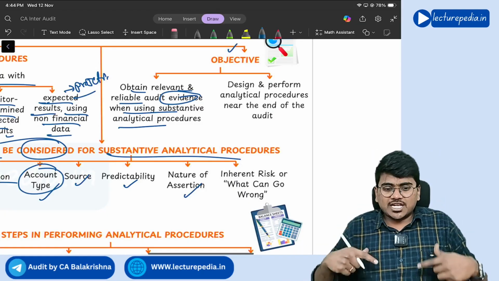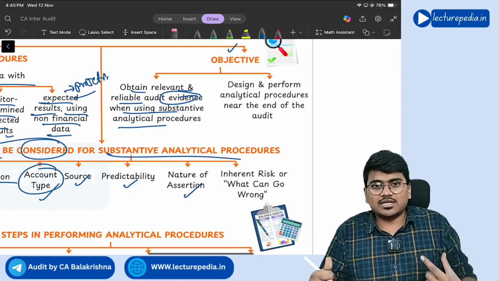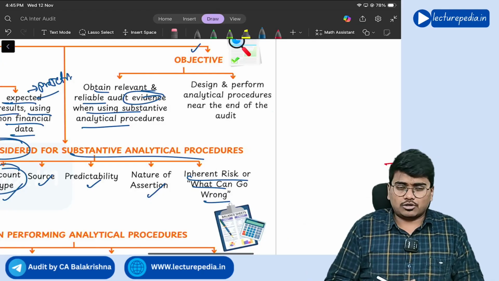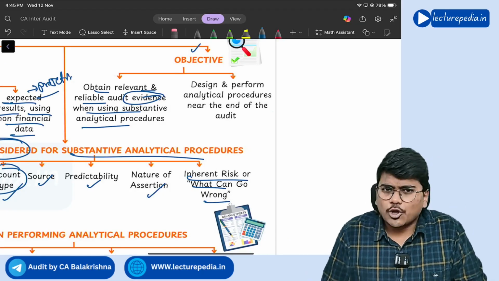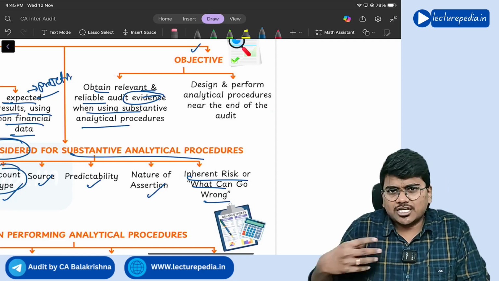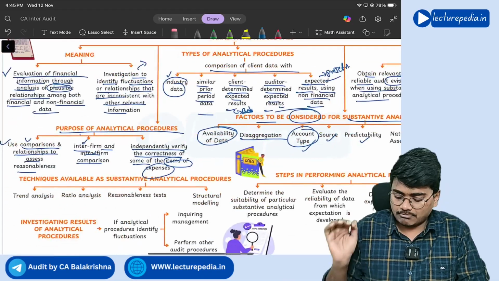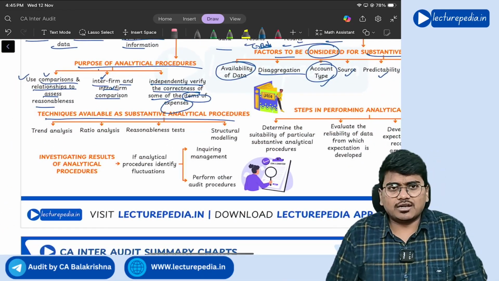So which type of assertion you want to address, you need to consider while using the analytical procedure. Next, inherent risk, or what can go wrong. All these things you need to consider in determining whether you can use analytical procedure for that area or not. Clear?